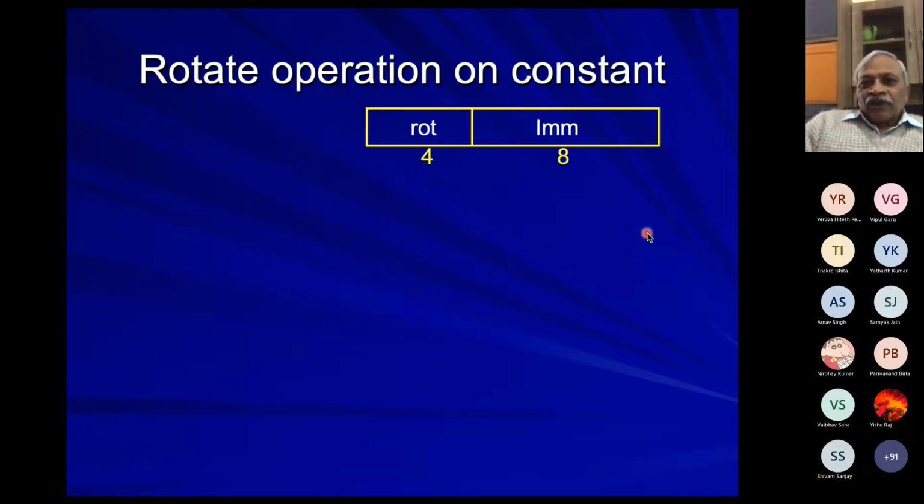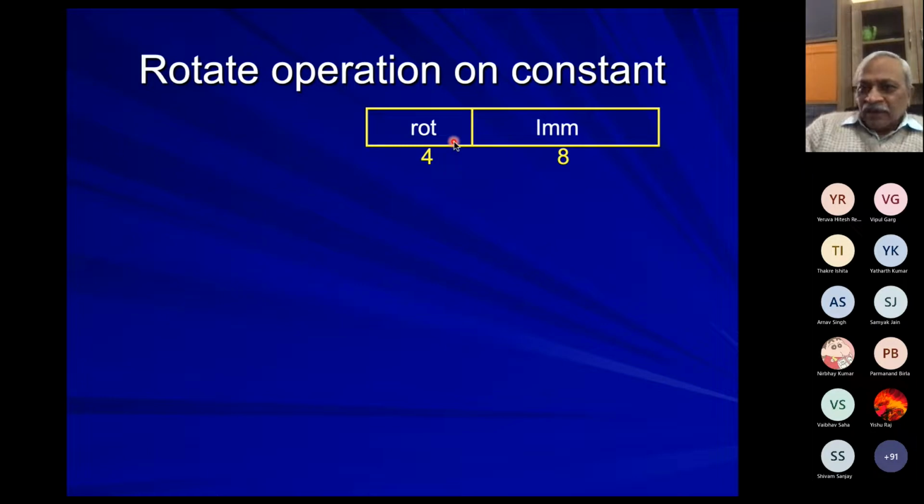Now, recall that when the second operand is a constant, I had divided it into 2 parts. 8 bits I said is immediate, it's a constant number, and 4 bits for rotation. So even the constant operand can be used with some rotation. All shifts are not available.